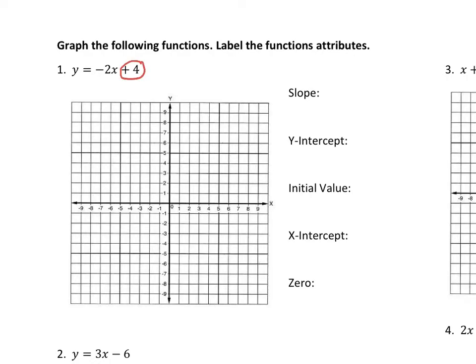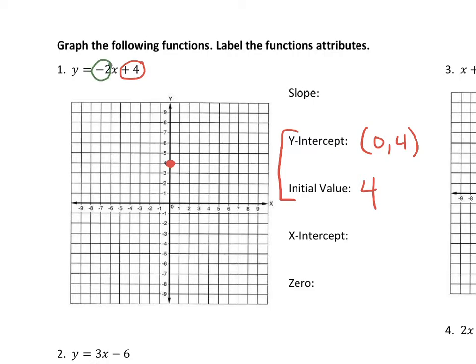Our y-intercept is positive 4, which means this graph is going to cross the y-axis at (0, 4), which means it has an initial value of 4, because remember, these are the same. Sweet, that's easy. I go on the vertical axis, the y-axis, and I'm going to go ahead and plot my y-intercept. Check, I'm done.